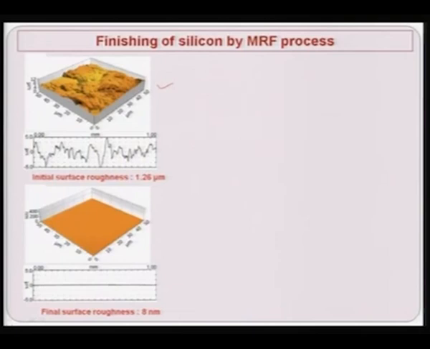Then this was finished by the MRF process developed here, and you can see the final surface finish achieved is 8 nanometer, and you can see the difference between the surf analyzer plots over here and here. This clearly indicates very good surface finish after the MRF process, and this can be clearly seen by AFM plots also over here as well as here.